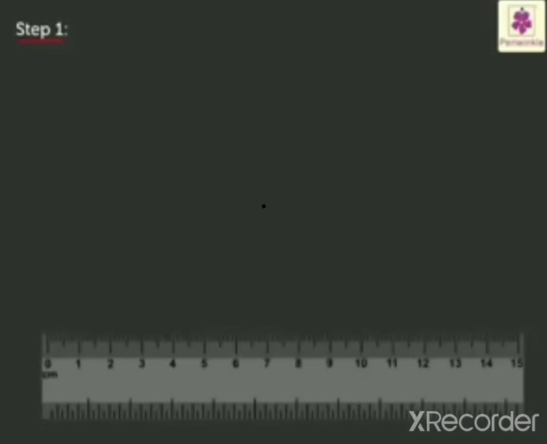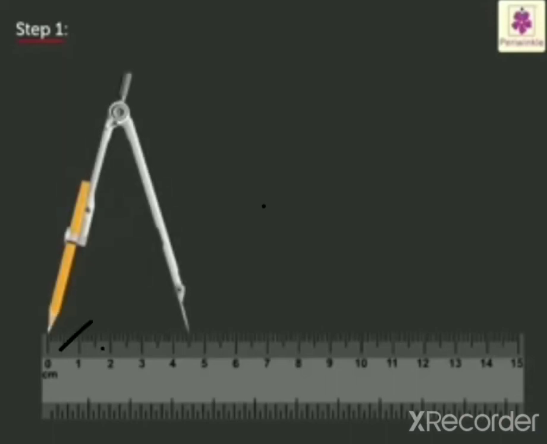Step 1. First of all, you will mark a point. Now you can see this is a scale. Everyone has seen a scale. It is divided into different parts and each part is divided into centimeters.